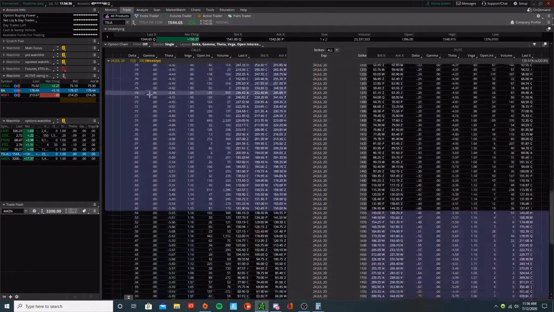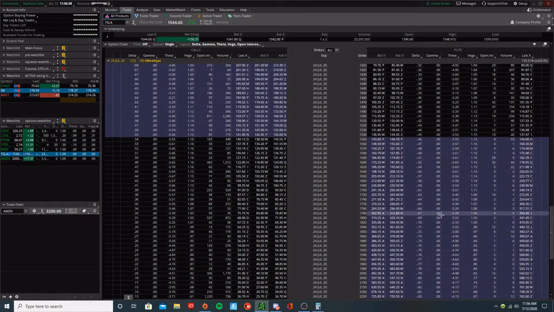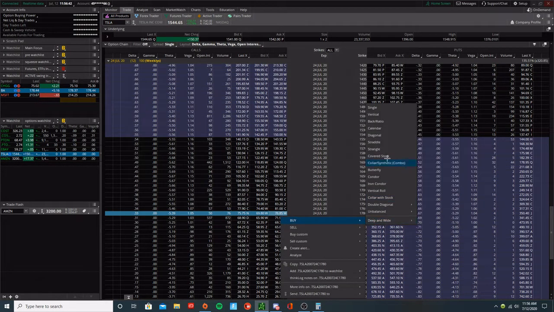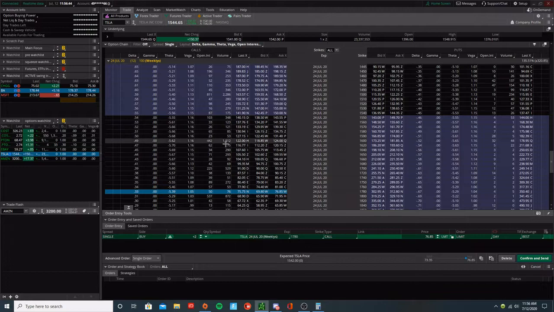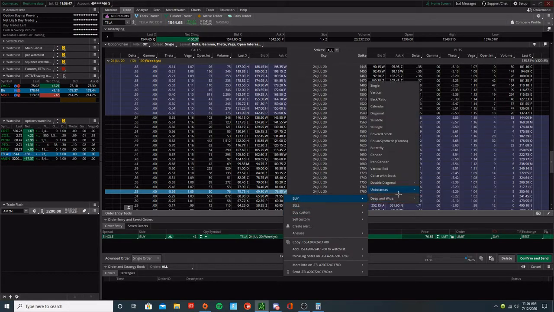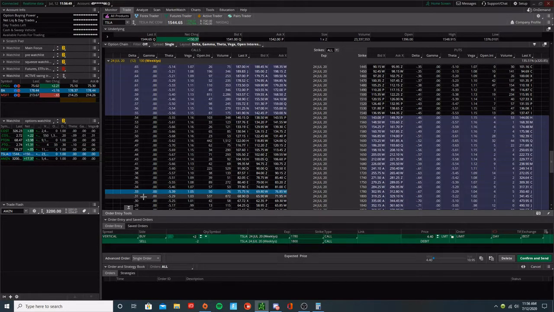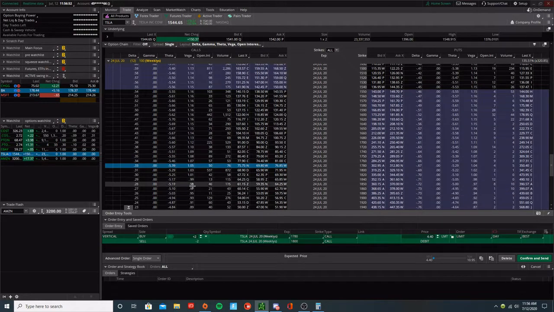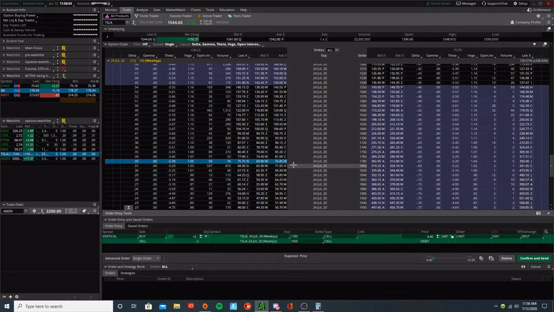I was thinking possibly playing Tesla's earnings with an 1800, 1780 credit spread, or debit spread, sorry, expiring the 24th.